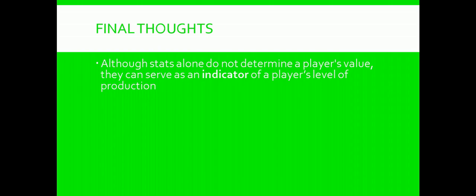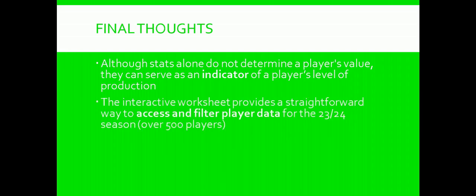Final thoughts on the project. Although stats alone do not determine a player's value, they can serve as an indicator of a player's level of production. The interactive worksheets provide a straightforward way to access and filter player data for the 2023-24 season.